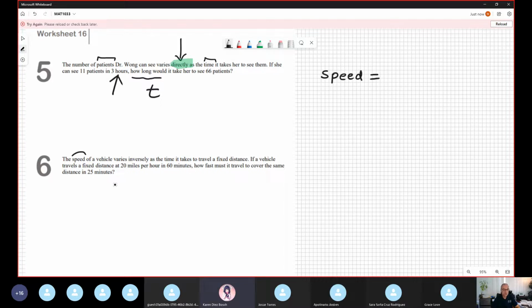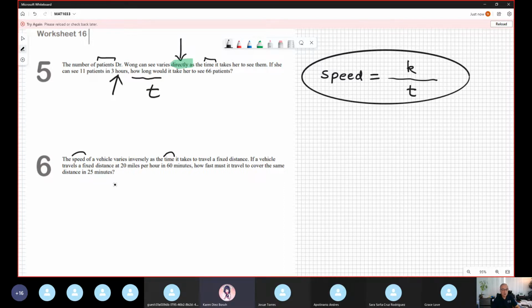Very inversely, if it is inversely, I know that the formula of the inverse is a constant, which normally we call K, and another variable inverse to the time. This is my formula.